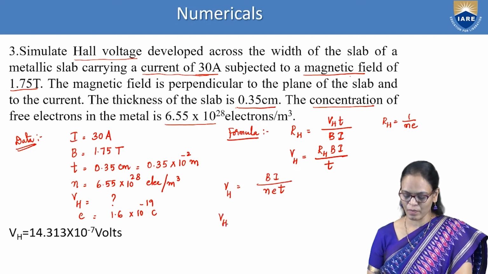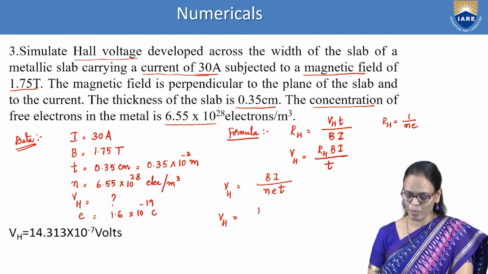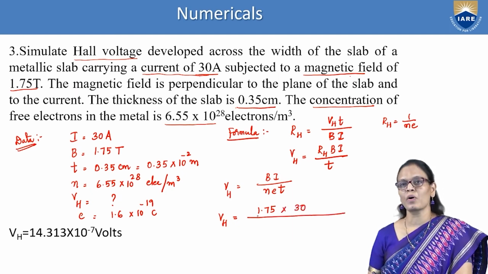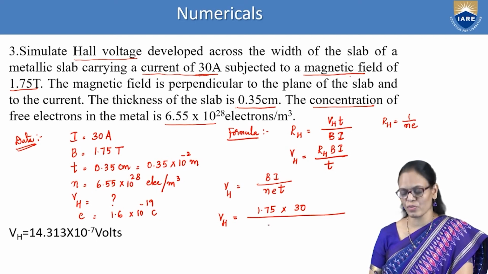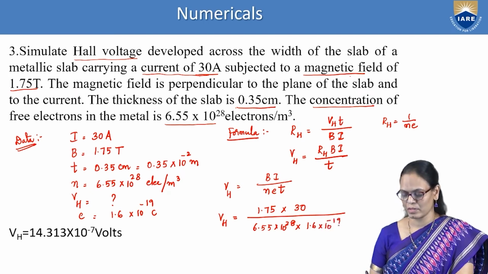So VH is equal to B 1.75 Tesla, current 30 ampere upon N, the concentration of free electrons, 6.55 into 10 power 28, and E 1.6 into 10 power minus 19 into T, the thickness, 0.35 into 10 power minus 2.